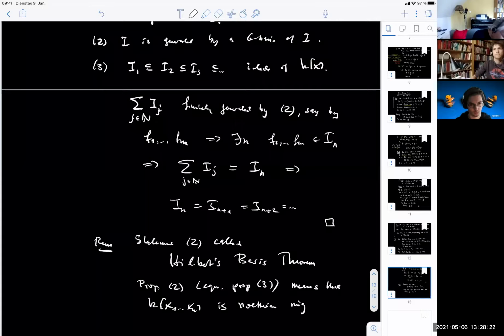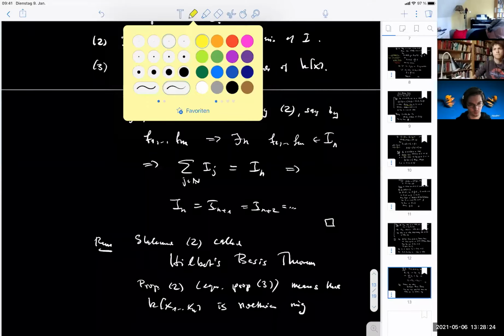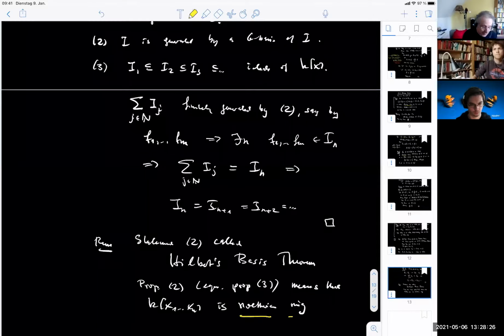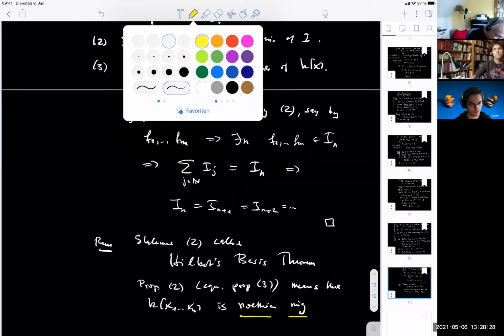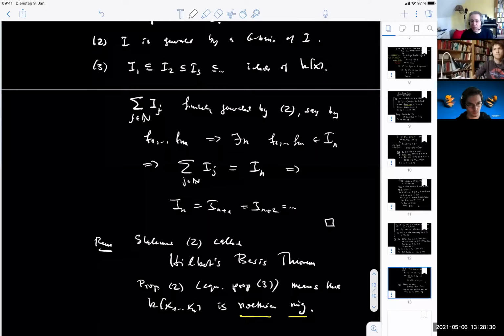Later on, I want to discuss this notion in full generality, but for the moment, I just noted it's called this way. And we proved that polynomial rings are Noetherian. That's a very important result. Any questions?